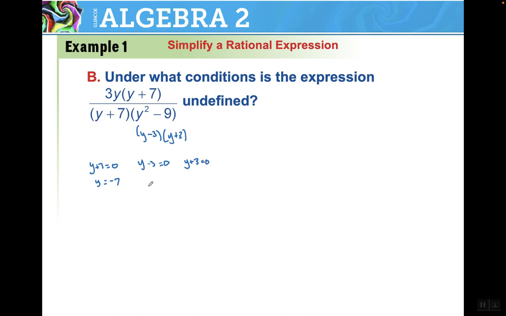When I add 3 to this side, I get y equals 3. And when I subtract 3 here, I get y equals -3. So these are the conditions in which the expression is undefined, because -7, 3, and -3, any of those would make 0 be in the denominator, which would be undefined.